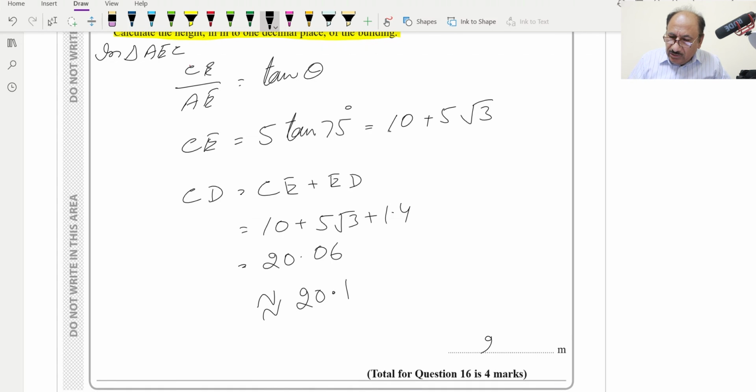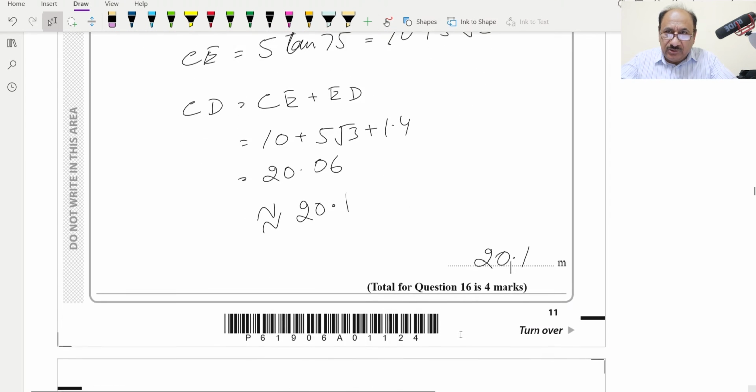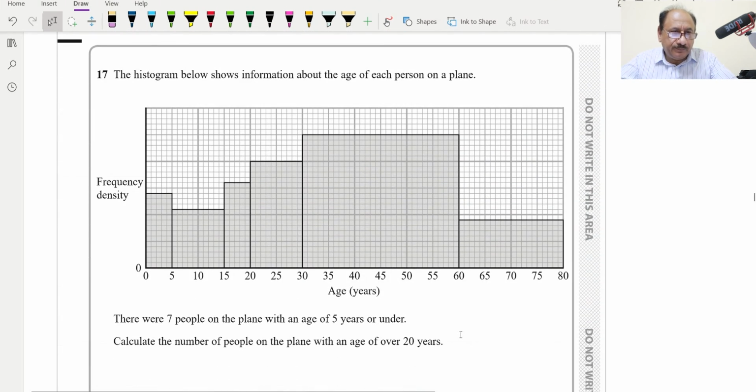So 20.1 meters will be our answer to this one.